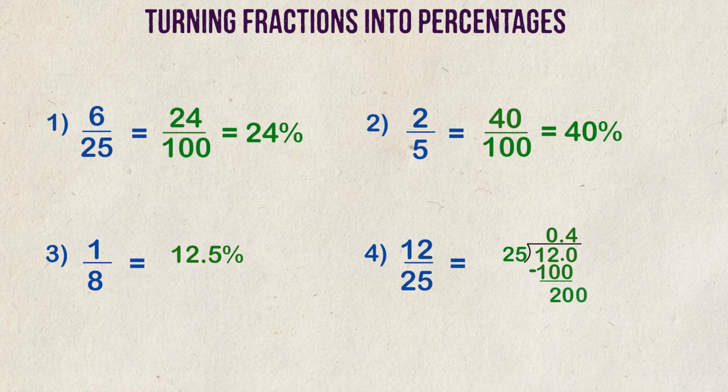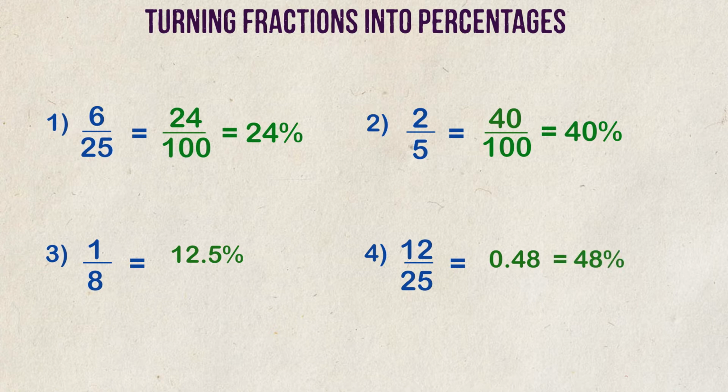We add one more 0 to make it 200. And we know that 25 goes into 200 a total of 8 times. Let's put the 8 up top. We subtract 200 from 200, and our remainder is 0. Our division answer is 0.48, or 48 hundredths. We move the decimal to the right 2 spaces, and we get an answer of 48.